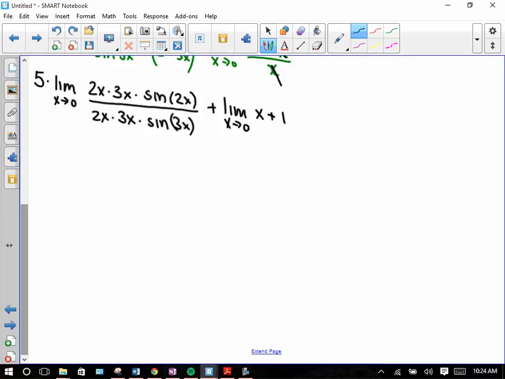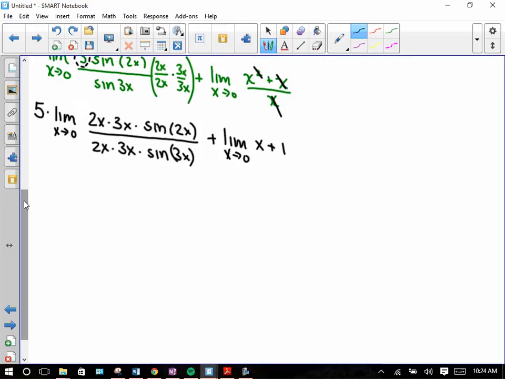This x cancels out with this x. And I'm now left with a constant that is 2, and a constant that is 3. Right?